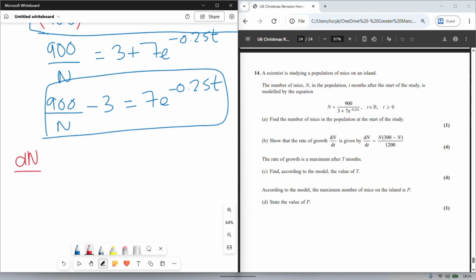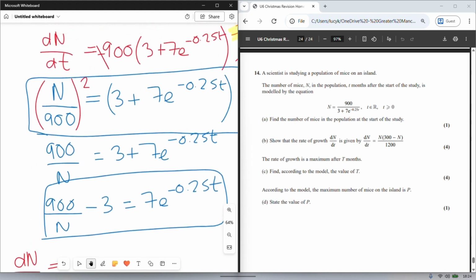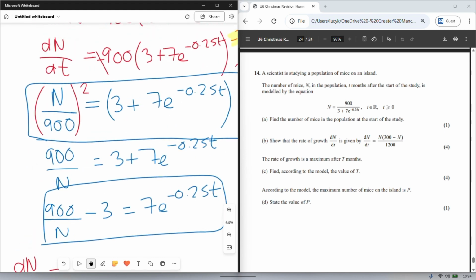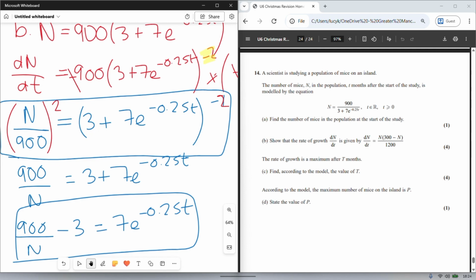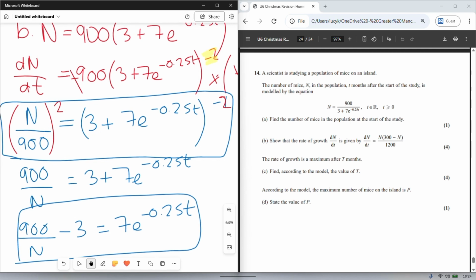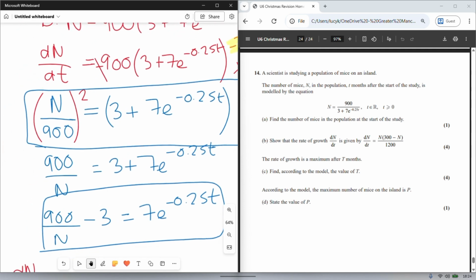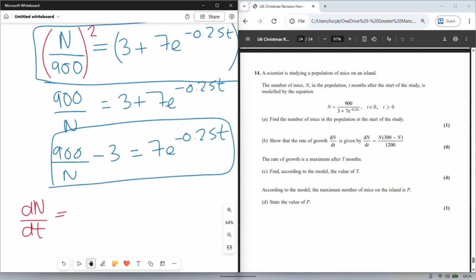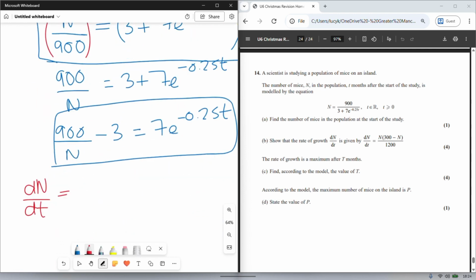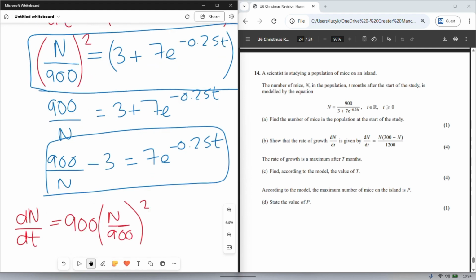So, dn by dt is going to be equal to that 3 plus 7e to the minus 0.25t to the minus 2. I'm just going to make that n over 900 squared, because that was what I determined it to be before. So that'll be 900 times n over 900 squared. So that already looks a bit nicer than what I had before.